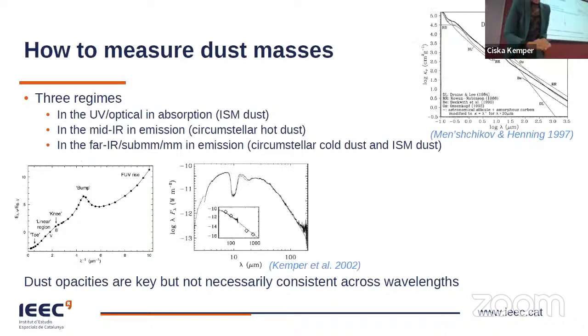If you go to the mid-infrared, you have to start doing more complex modeling because dust both absorbs and emits at these wavelengths, especially when it's warm, and you have to do full radiative transfer modeling. This is particularly important for circumstellar dust that is quite hot, that is just recently being formed. For this purpose, we use dust opacities.